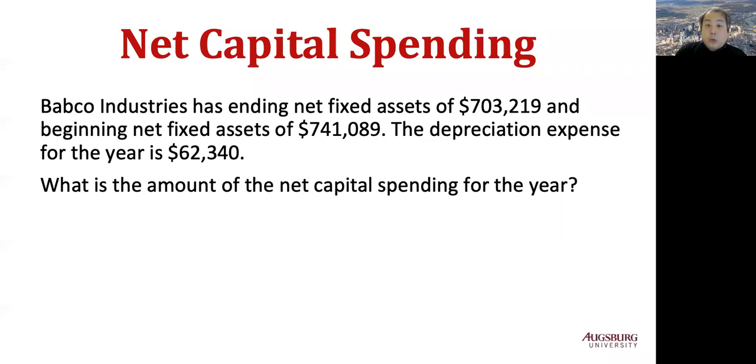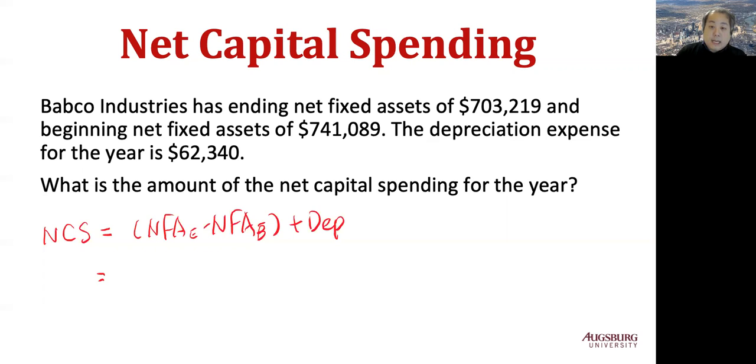We only have net fixed asset and depreciation expense, not accumulated depreciation. So we can use the formula again: net capital spending equals net fixed asset ending minus net fixed asset beginning, that's the change, and then plus the depreciation.